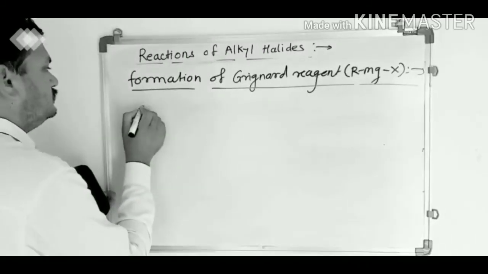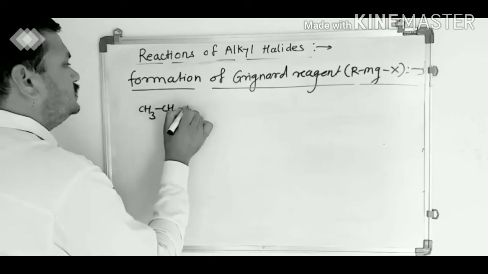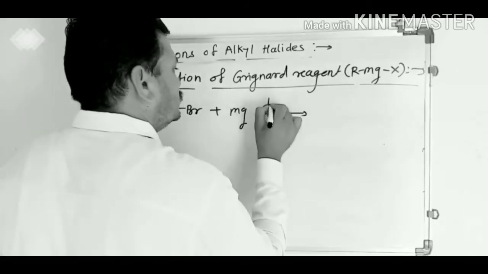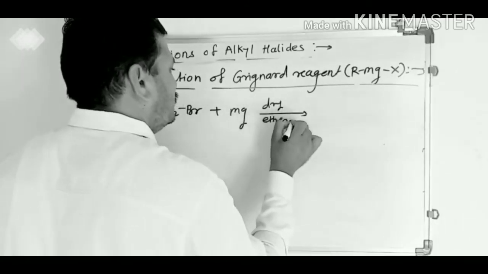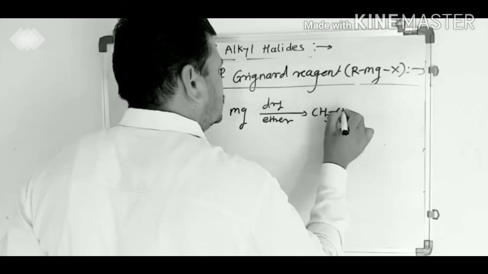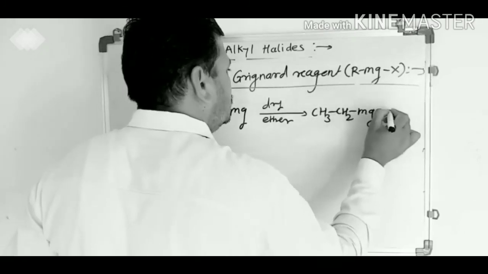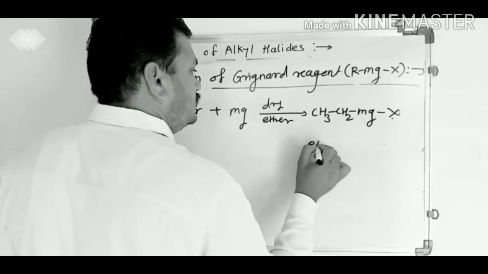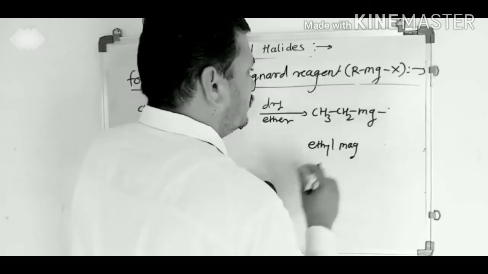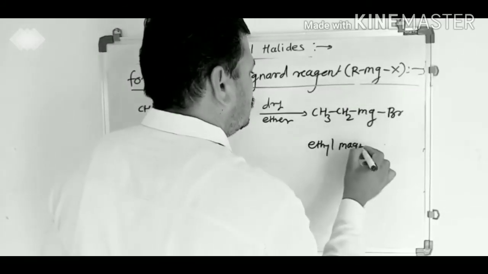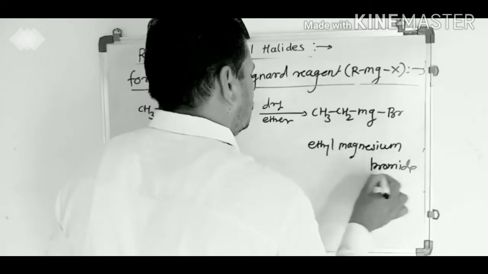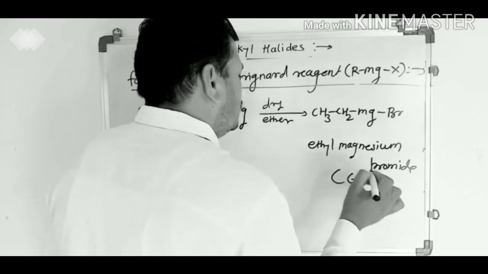Ethyl bromide, CH3CH2Br, when treated with magnesium metal in presence of dry ether, we will get CH3CH2MgX, where X means bromine, Br. It is ethyl magnesium bromide, and this is the Grignard reagent.